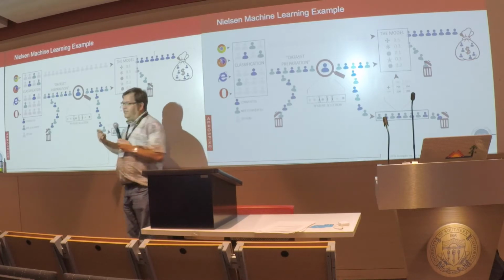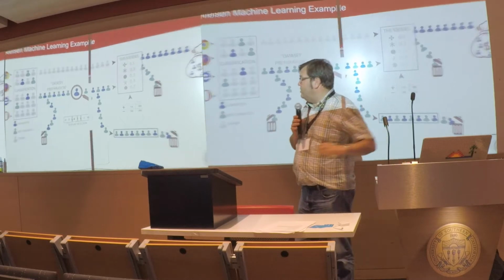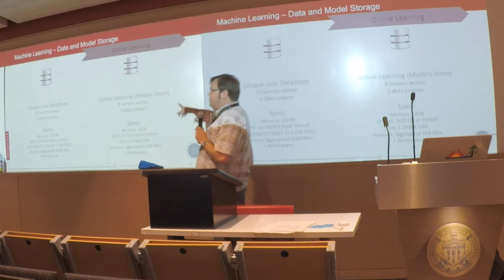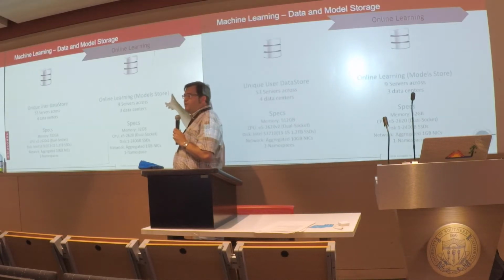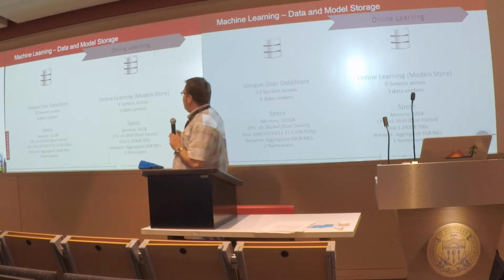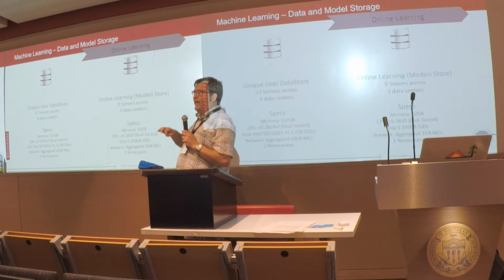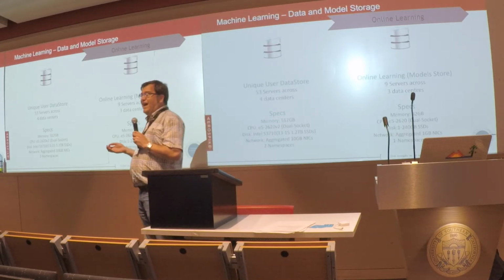What they need is they need the information about each individual user, their user data store, but they also need a model store. In this particular case, what they were doing is audience segmentation, and it turns out they needed 50,000 different audiences, one for each ad campaign that was currently in action.